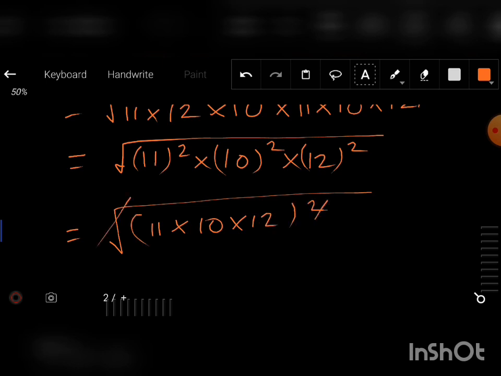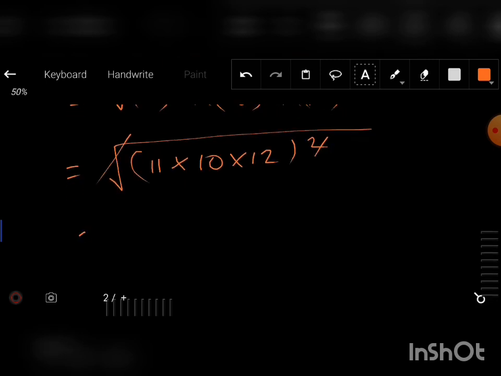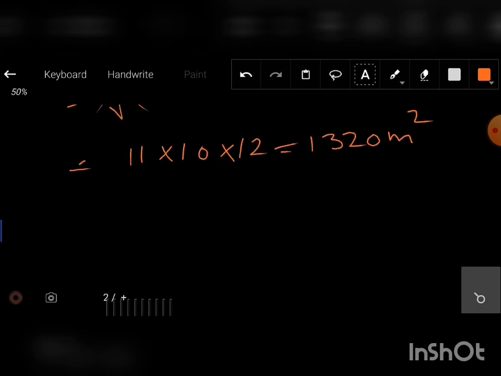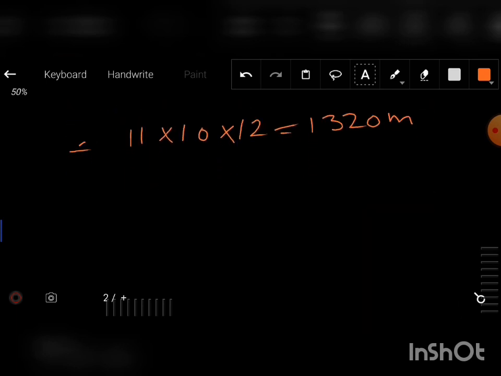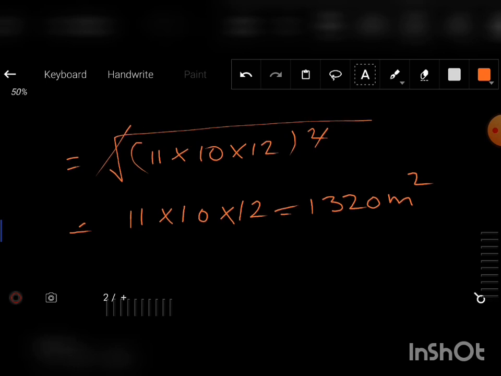Root and square get cancelled. We'll get 11 into 10 into 12 equal to 1320 meters square. So the total area of the triangular region is 1320 meters square.